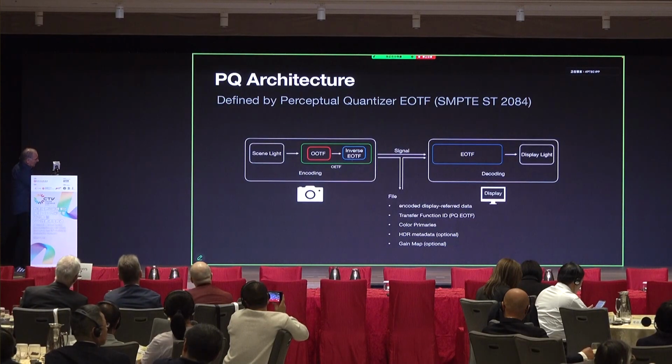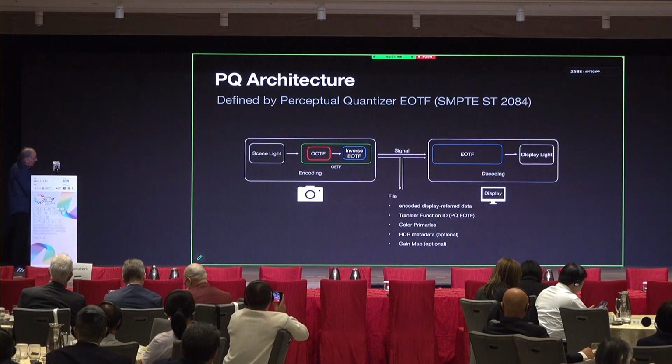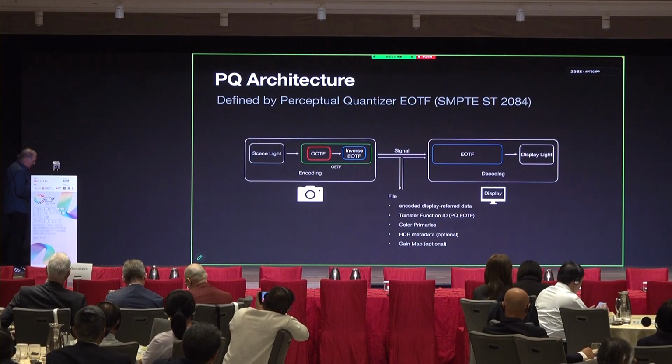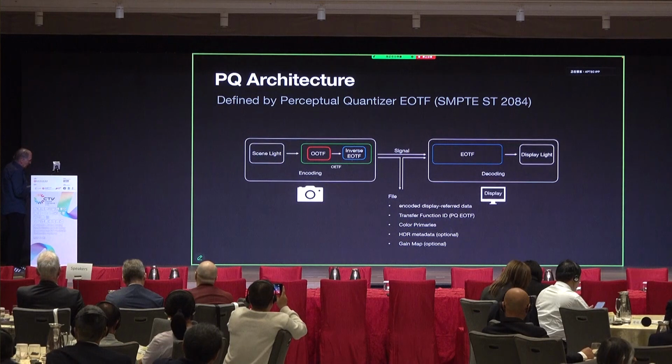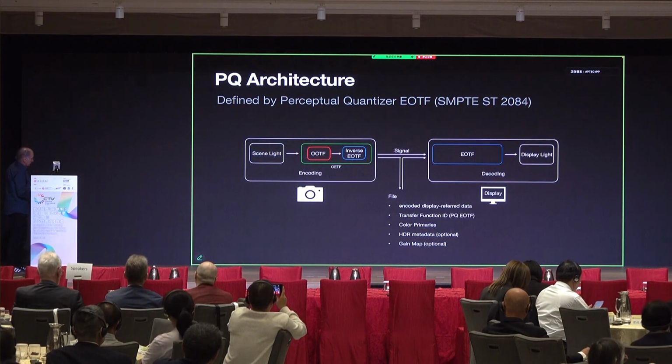The file will contain, as I mentioned, encoded display referred data, transfer function, color primaries, and additional metadata. And as we know, there are cameras which also capture and store gain maps.